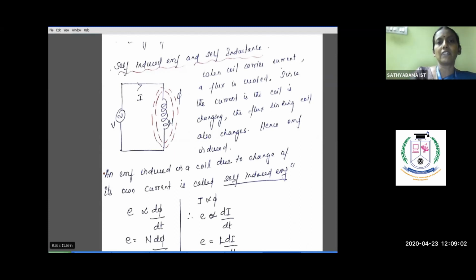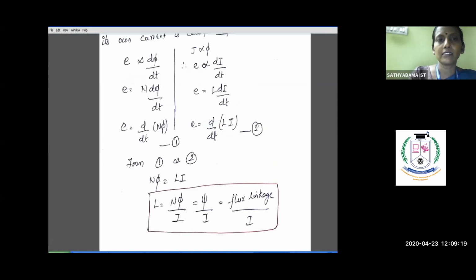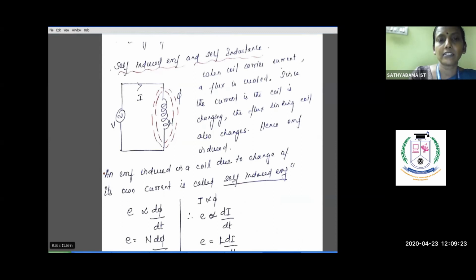In case of self-induced, the word itself will tell you: the change in current in the same coil will induce an EMF in the same coil. So an EMF induced in the coil due to change of its own current, I call it a self-induced EMF. In the diagram, current is passed through the coil, and a flux phi is produced.